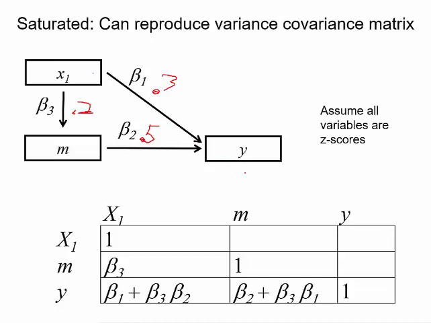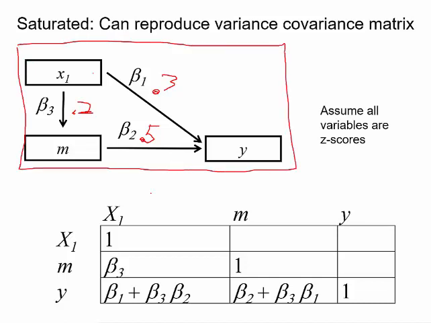And what I want to illustrate for you right now is that I can take this model with my parameter estimates and use that to reproduce the variance-covariance matrix. How we go about doing that depends on my model. If I have a really complex model, the process of reproducing a matrix could get really complex. But let's take a simple model like this, and I just want to show you how the process works in general using this example.